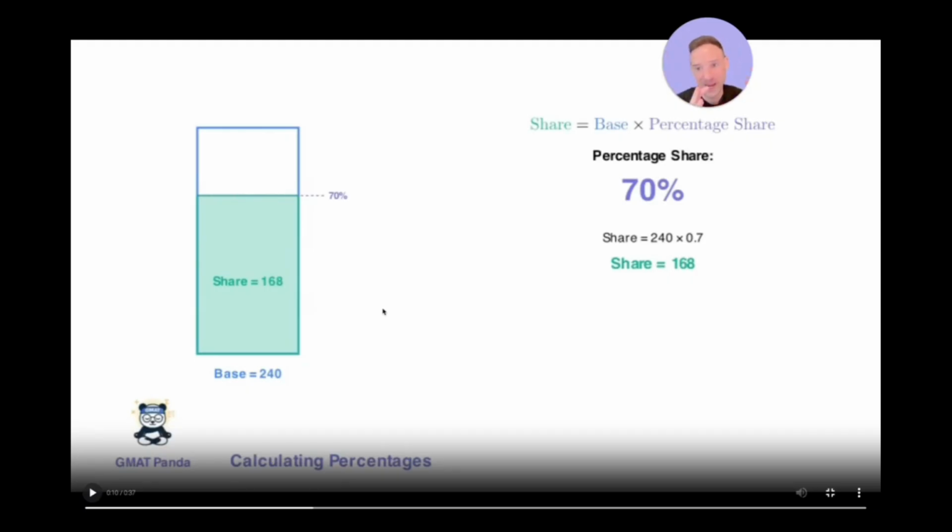The share as a percentage is something that's always relative to the base, whereas the share is a number that is true, even if you don't have the context of what the base is. So 168 people means something out of context. 70% of the group?